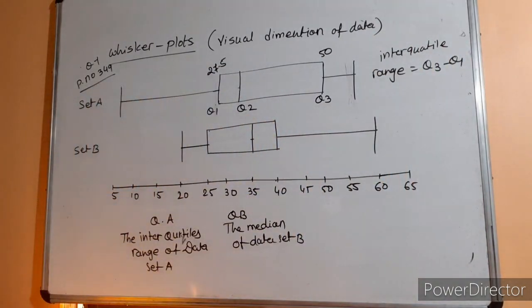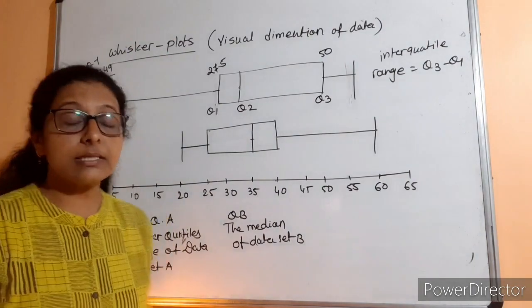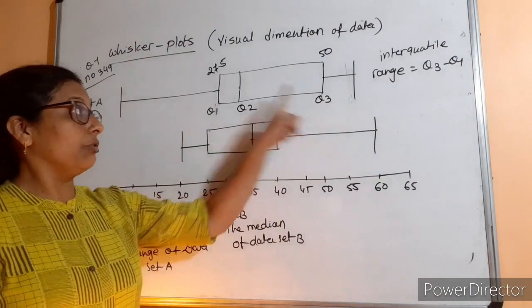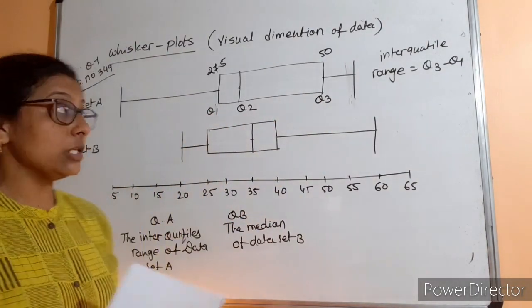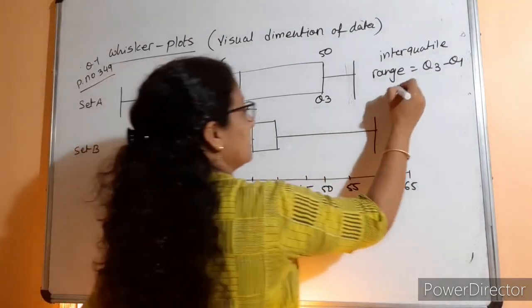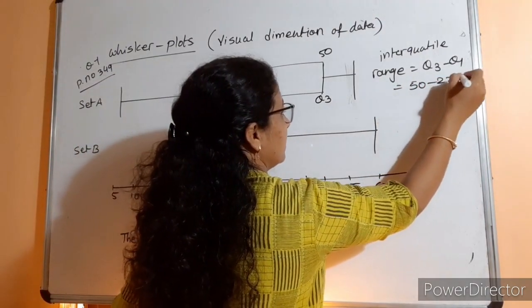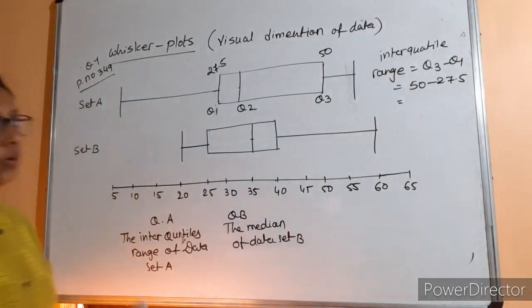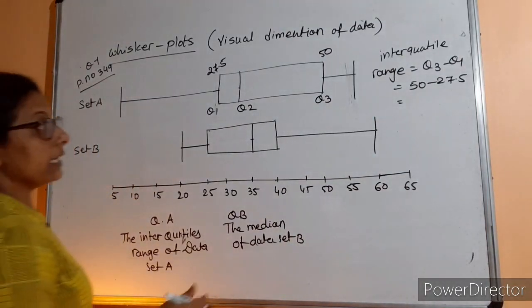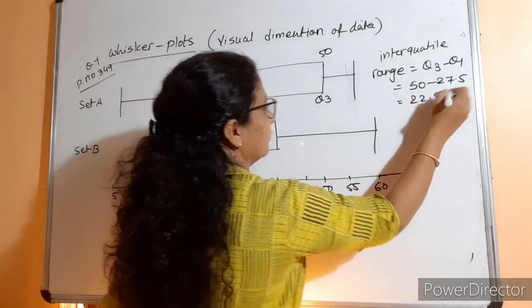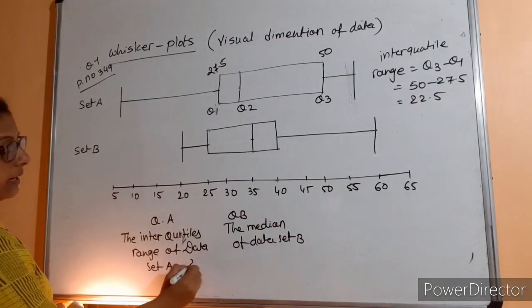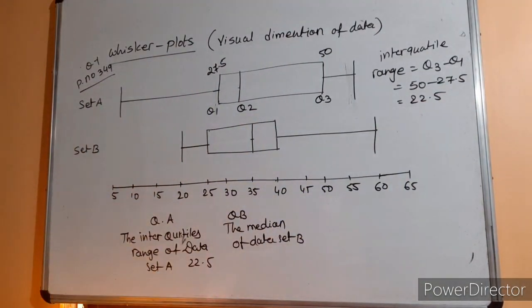When we find the interquartile range, you just subtract Q1 from Q3. So 50 minus 27.5, so it is 22.5. So this data we will get 22.5.